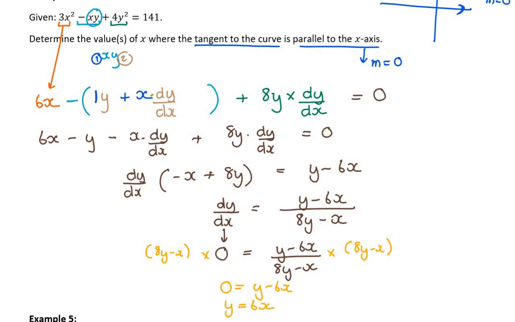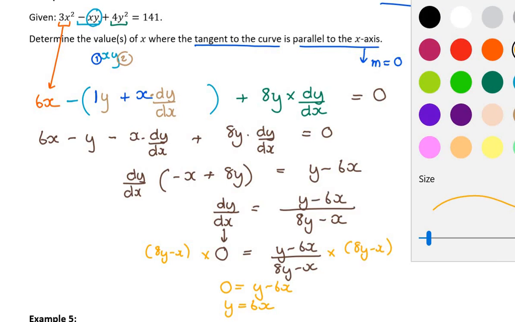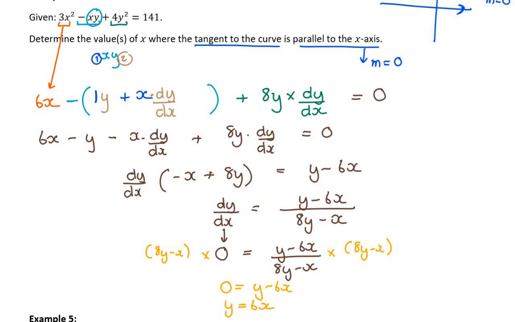Now, that hasn't answered the question, because this question says determine the values of x where the tangent is parallel to the x-axis. So I know that y has to equal 6x for this to be happening, but I haven't actually solved for a value of x. So this is quite a difficult question, because what we need to realize now is, on the one hand, y has to equal 6x has to be true for this to happen.